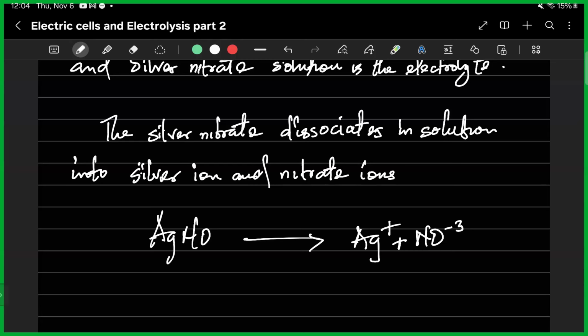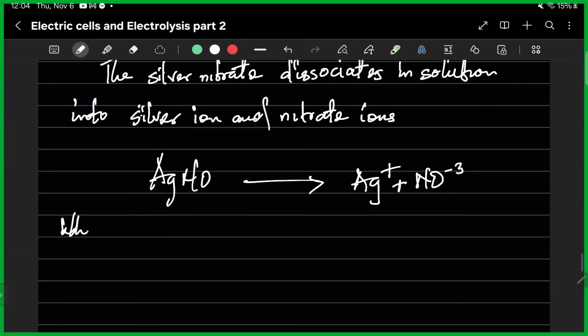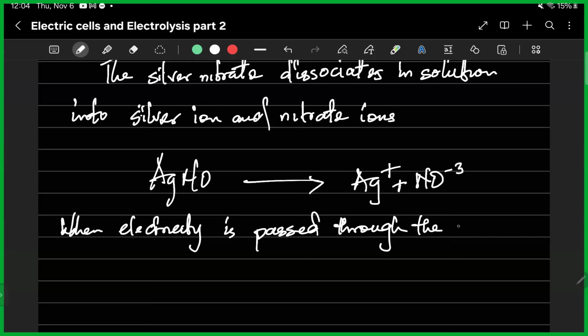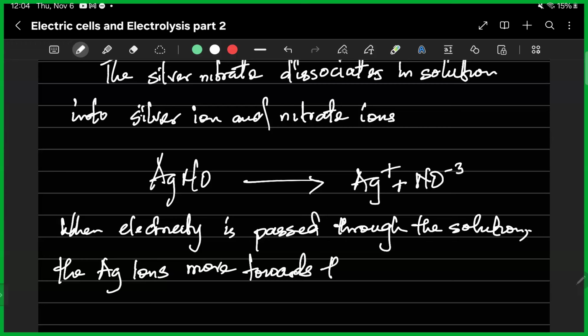So the process is that when electricity is passed through the solution, the silver ions Ag+ move towards the cathode. Keep that in mind.